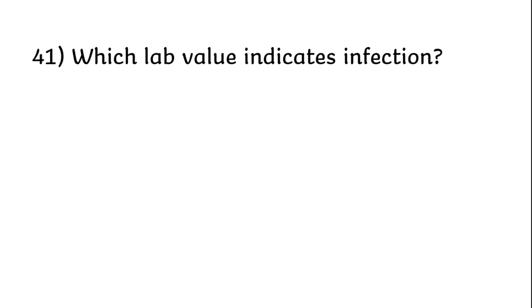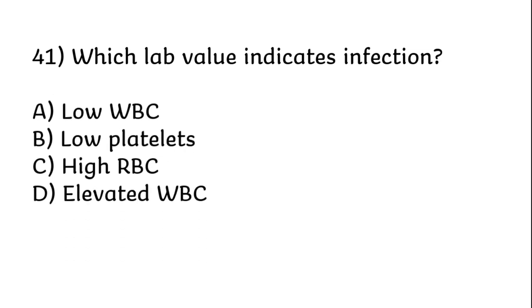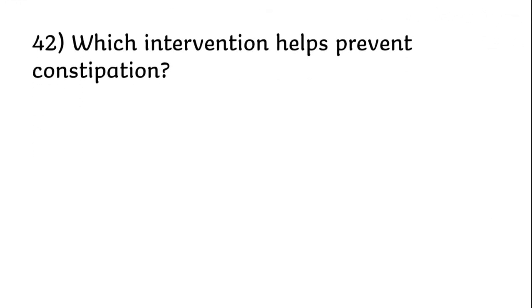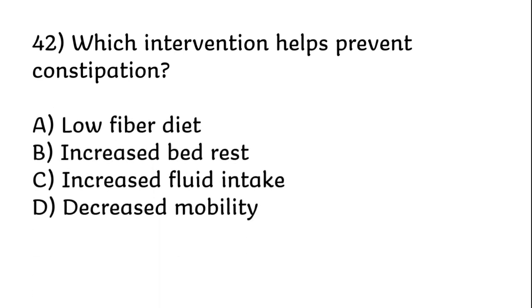Which lab value indicates infection? Low WBC, low platelets, high RBC, elevated WBC. Correct answer is option D, elevated WBC. Which intervention helps prevent constipation? Low fiber diet, increased bed rest, increased fluid intake, decreased mobility.